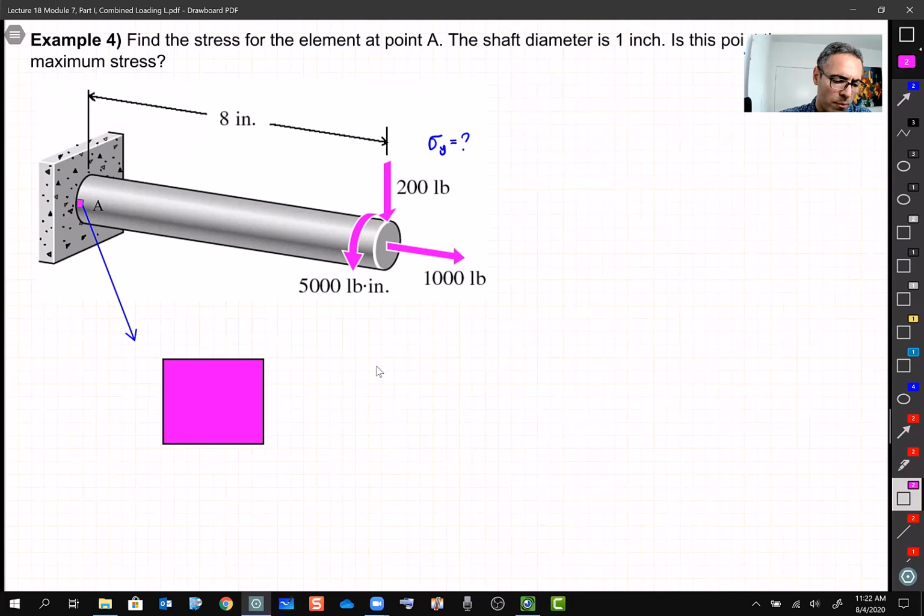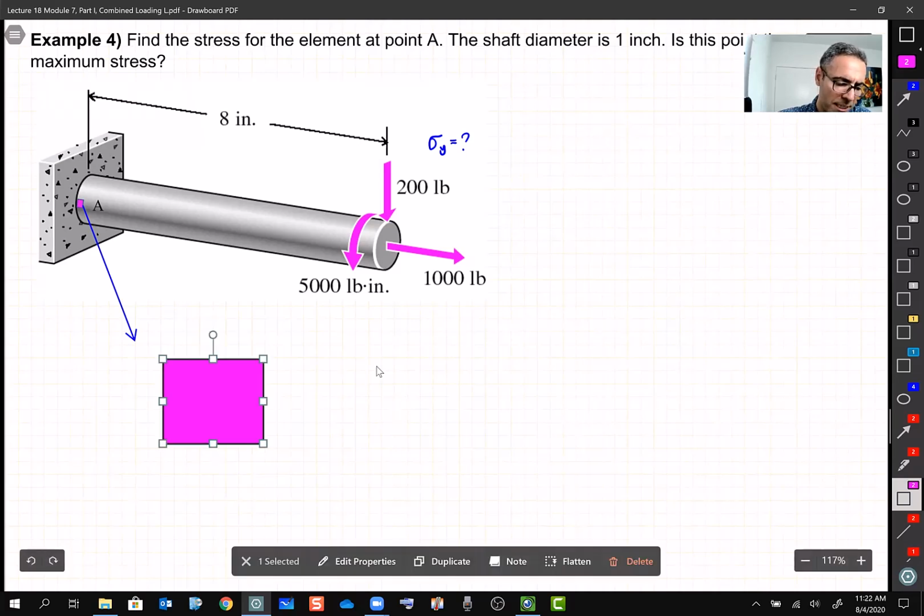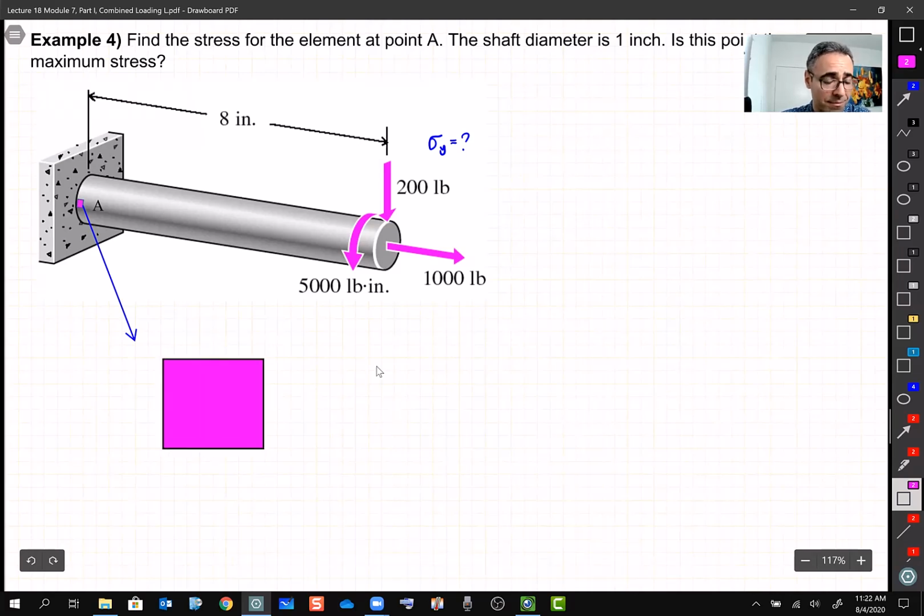All right, so we want to draw the stresses for this element, and we need to do it patiently so we don't get confused. We start with a simple one, this 1,000 pound. This 1,000 pound creates a stress, which is obvious. It is tension, and it is on this side of this element.